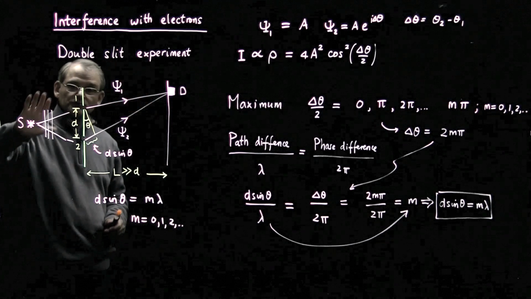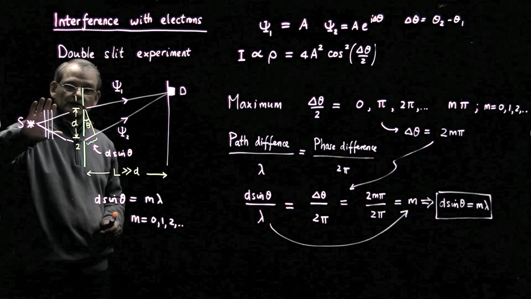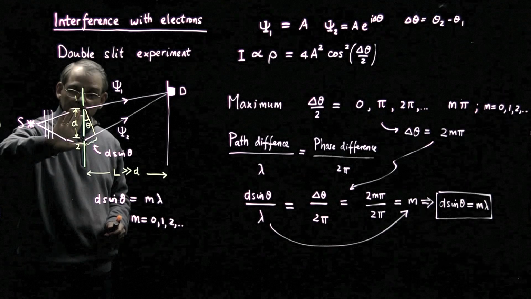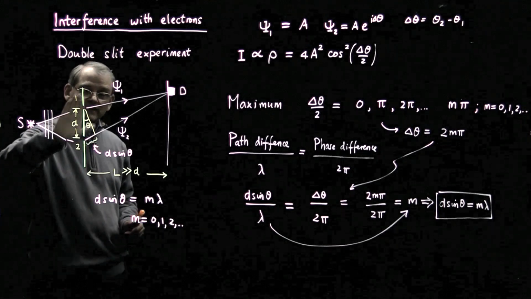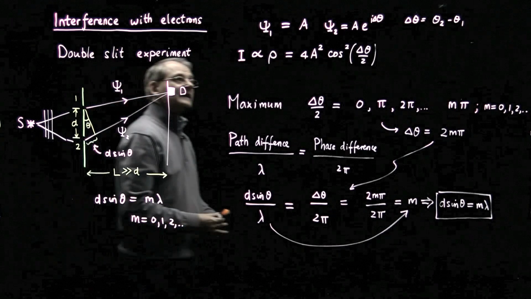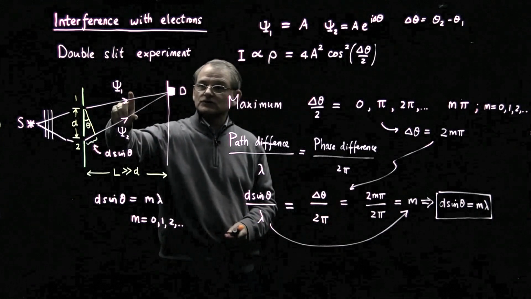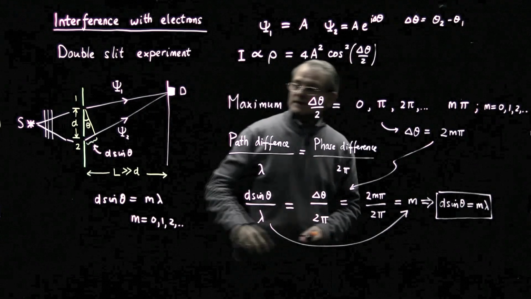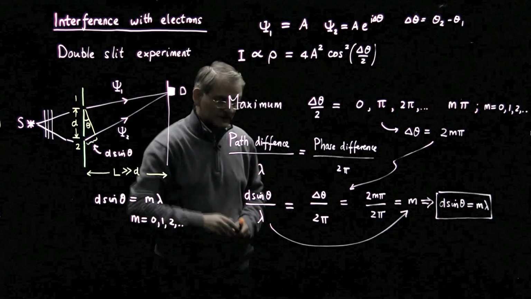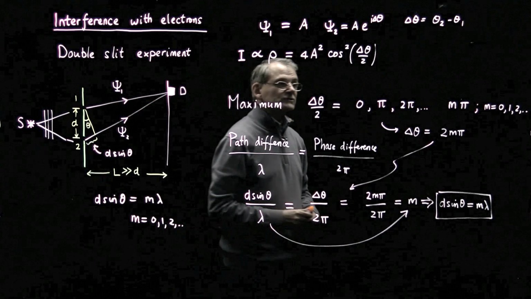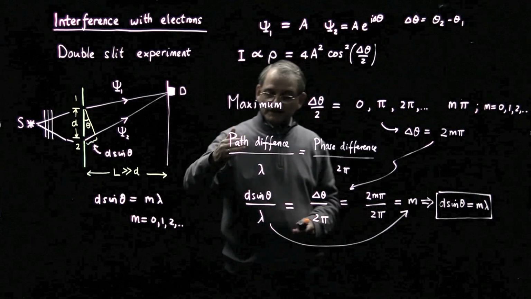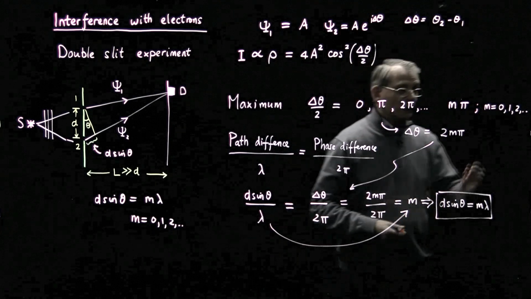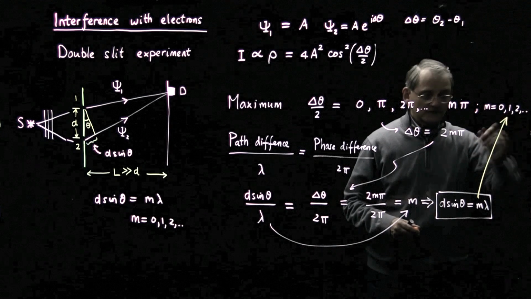If we have a coherent source of particles, and the particles are incident either many at a time or one at a time on a double slit, then the wave function describes the particles as coherently split, and the superposition of these two wave functions will determine whether you have a maximum or a minimum, which depends on the phase difference between the waves as they travel this distance and arrive at the detector. This phase difference is related to the path difference, and therefore we get the relationship d sine theta equals m lambda, where m is none other than this integer.